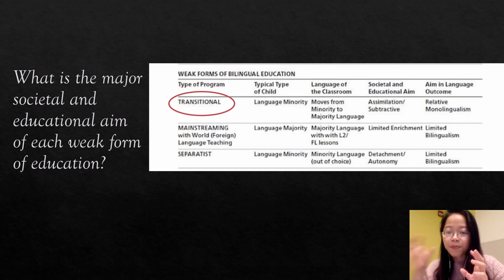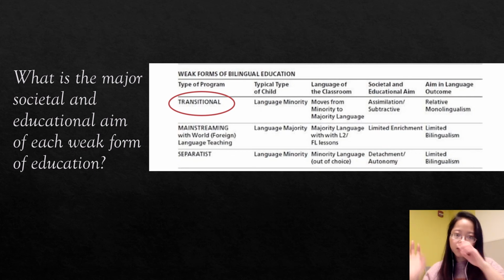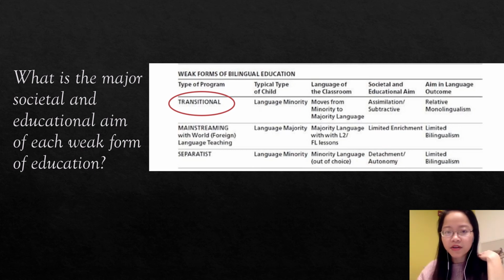It would be like Spanish as a foreign language subject, but it's very popular. I think it's the most popular kind of bilingual education in other countries outside America.